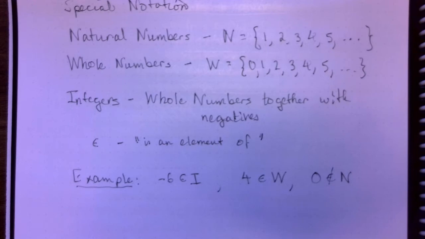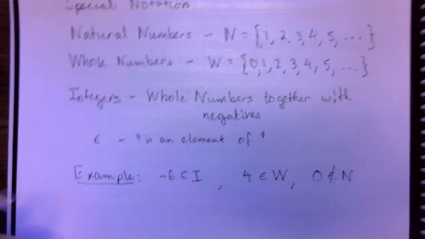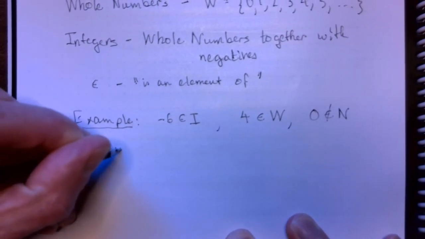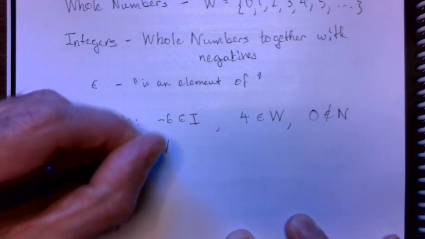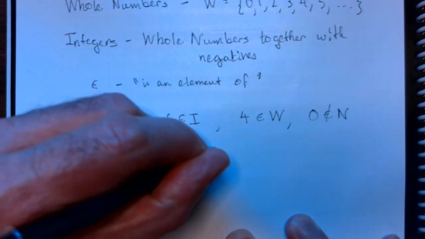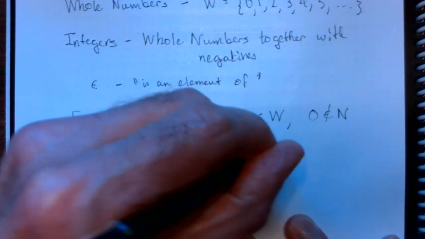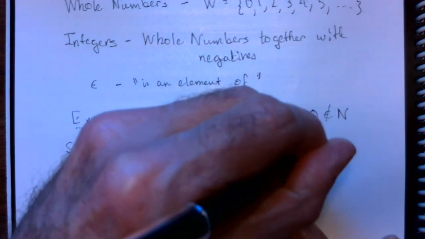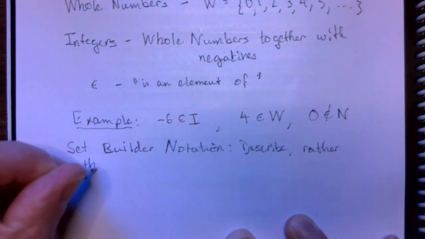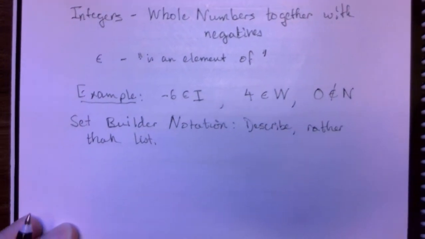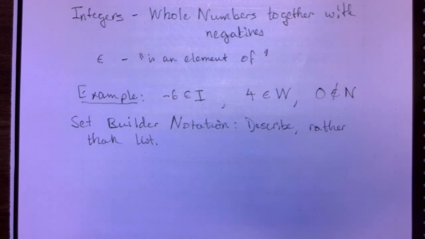to write out a description rather than to list the elements. And if we're doing that, we're talking about set builder notation. Okay, so with set builder notation, we are trying to describe the elements of a set rather than trying to list the elements of a set.